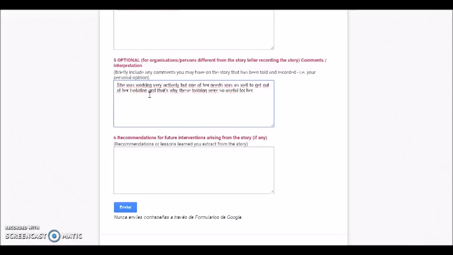That could be more information that you have about the story that she has not given. She might not be aware, but you have a more complete picture of it all, and this is the place where you can include it.